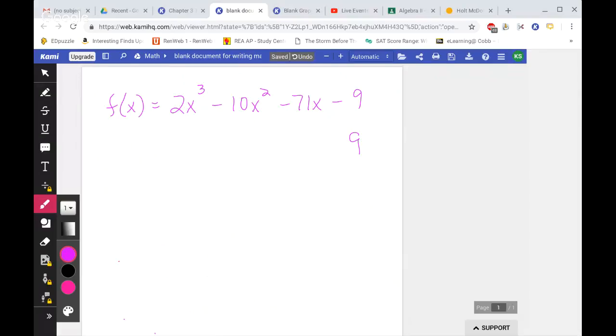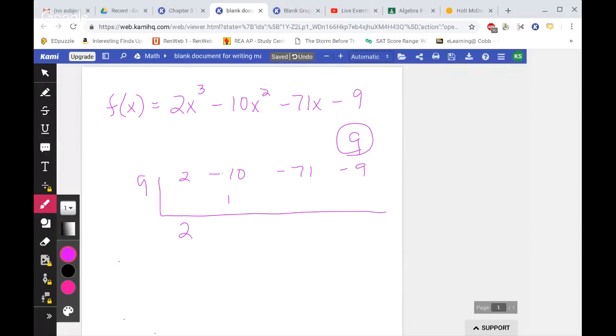Positive 9. So I don't need to have any placeholders. Right. And I'm going to write down my leading coefficients. That's my 0. I don't want to get it mixed up with my other. I'm going to bring down my first number.